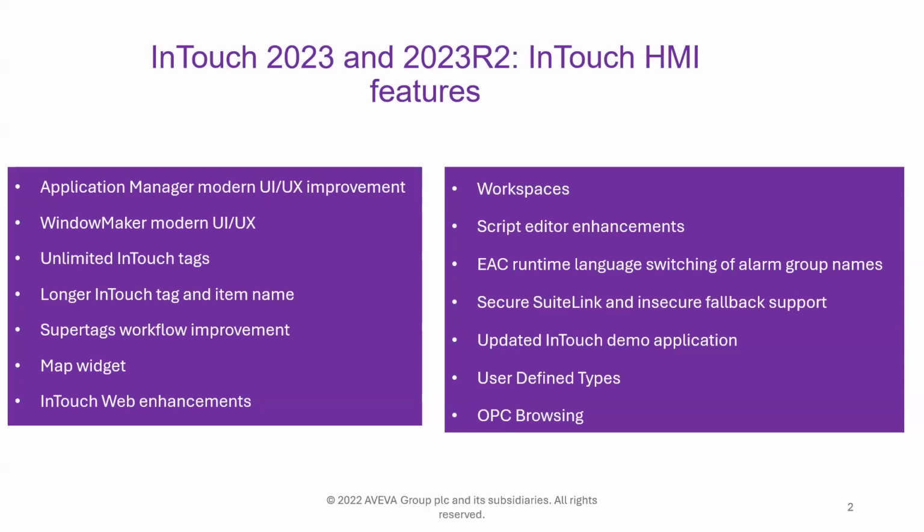You can create UDTs, and you can also import UDTs. The other thing is the OPC browsing, and I think the roadmap includes more improvements for it. At the moment, you can browse OPC points and import them directly into your Window Maker without having to sit there and create all of those tags or points.